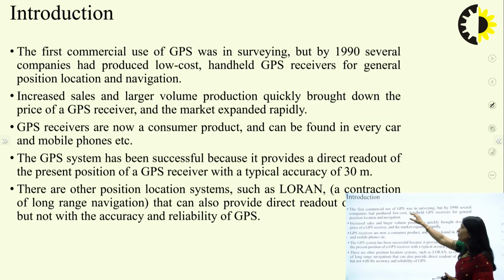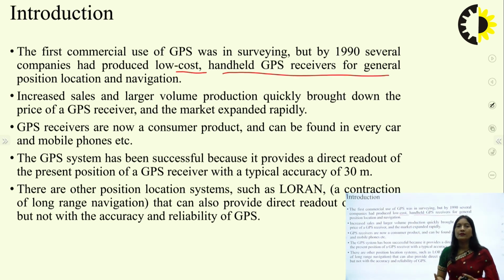The first commercial use of GPS was in surveying. But by 1990 several companies had produced low cost handheld GPS receivers. To use that application, we should have the GPS receiver in our mobile phones or in our devices. Then only will we be able to get the services of GPS, because GPS receivers work in collaboration with the GPS satellites.